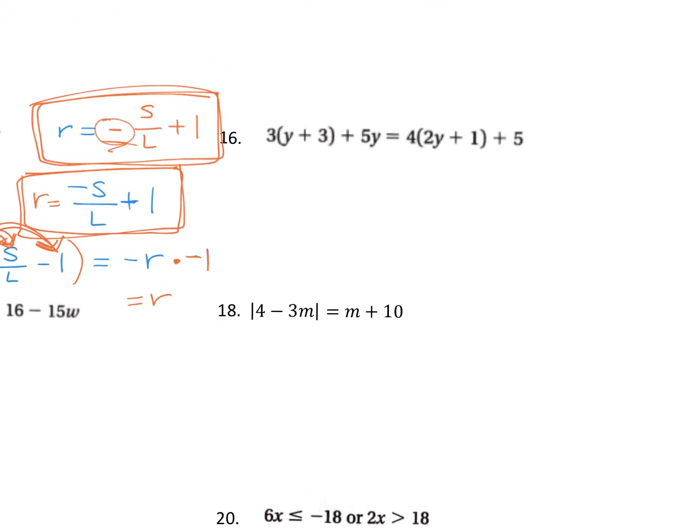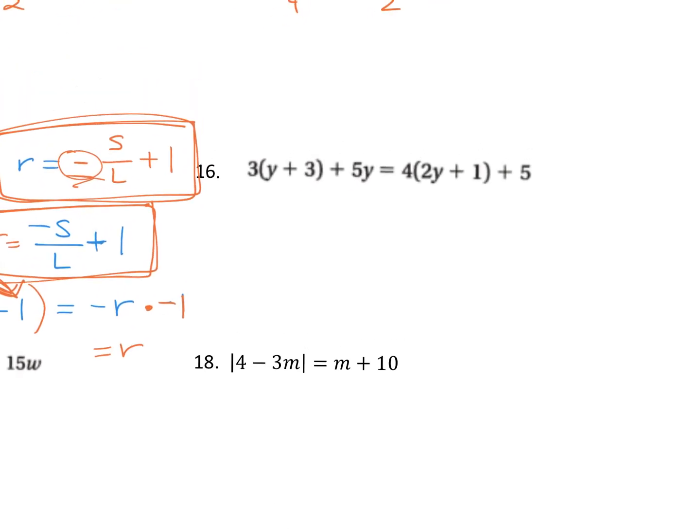This one, solve the equation. So I would start here by doing what? Distribute. Yep, I would absolutely distribute here: 3y plus 9 plus 5y equals 8y plus 4.